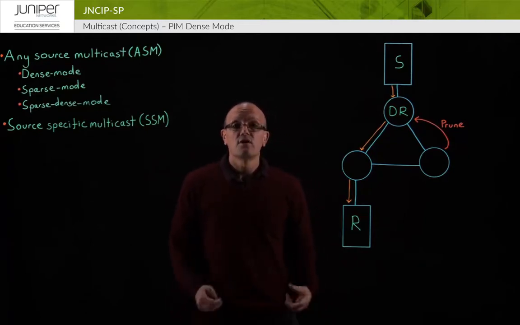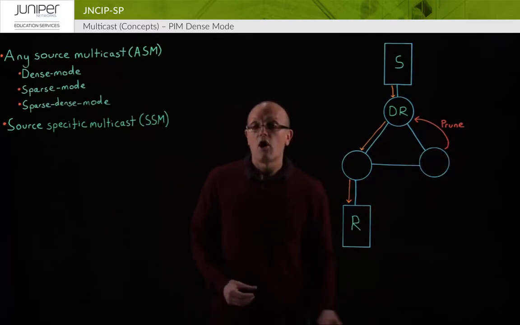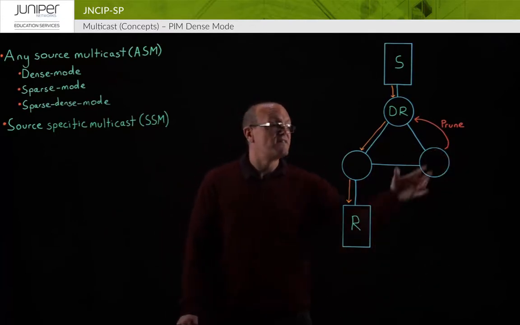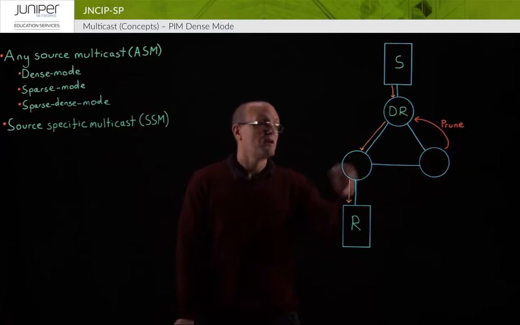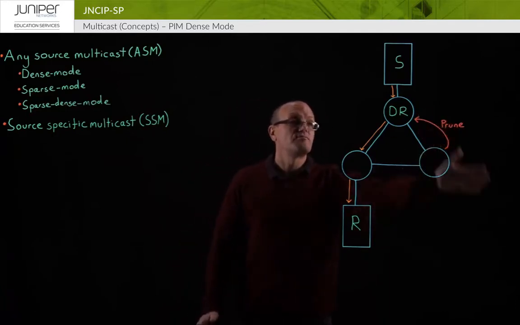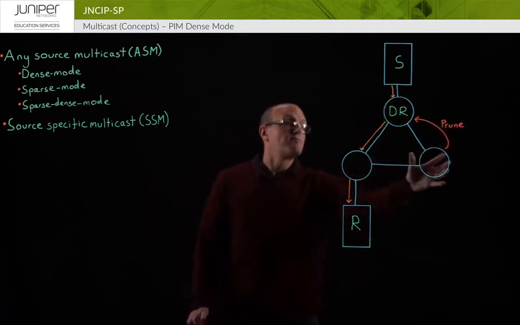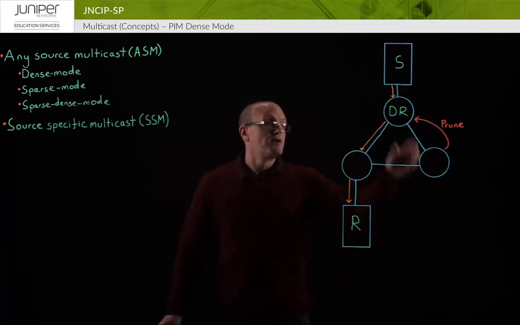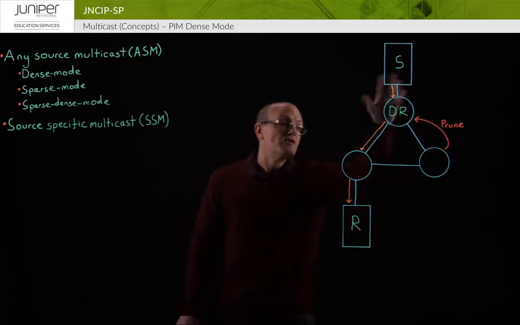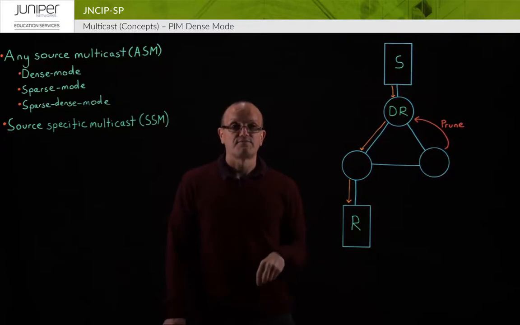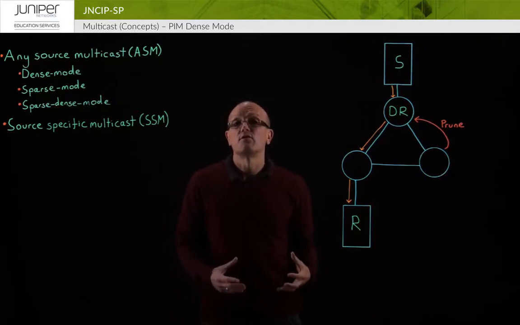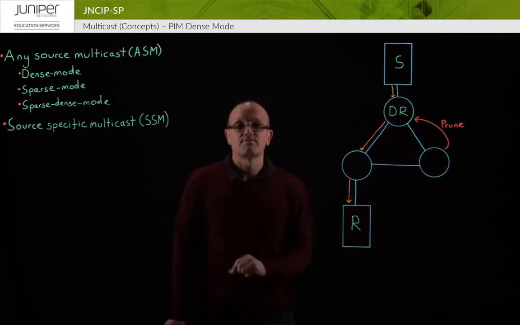because that's consuming resources in the network unnecessarily. So when a router operating in PIM dense mode doesn't have any receivers connected, he sends prune messages upstream, and that has the effect of stopping the multicast tree reaching that device. Thereby traffic is no longer delivered to that device.